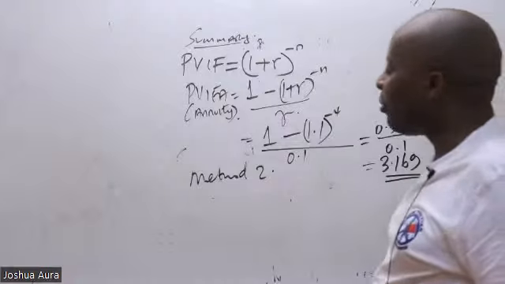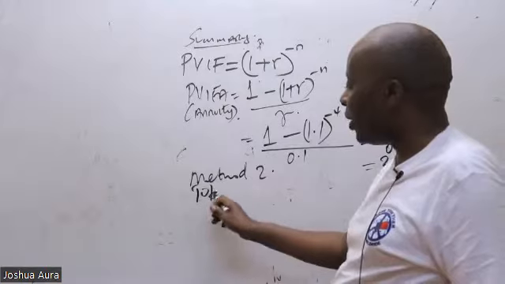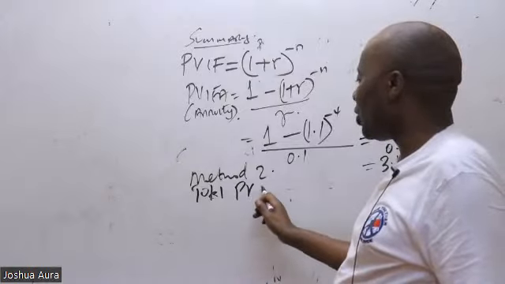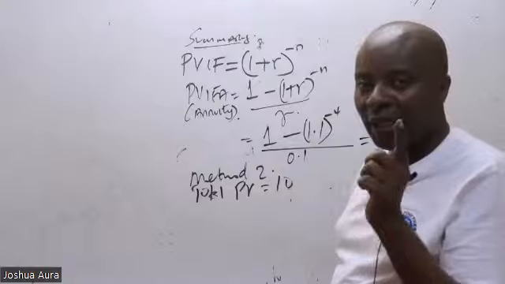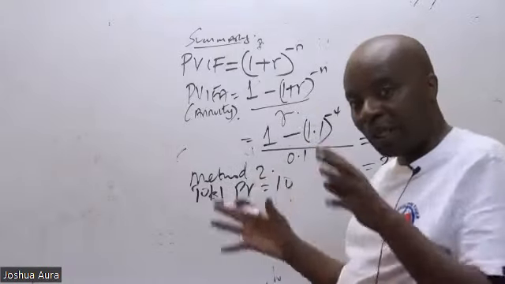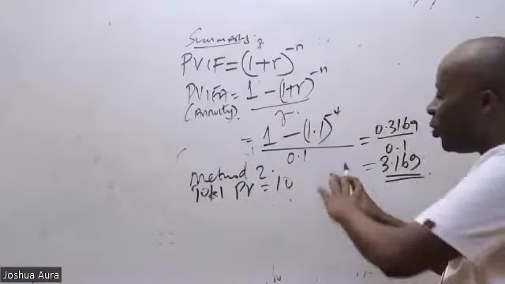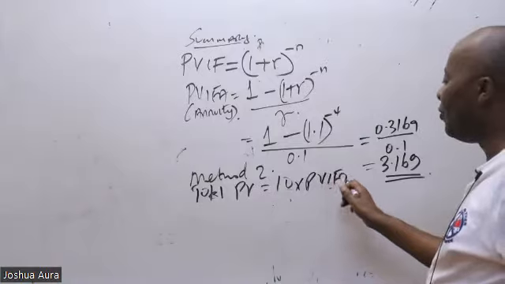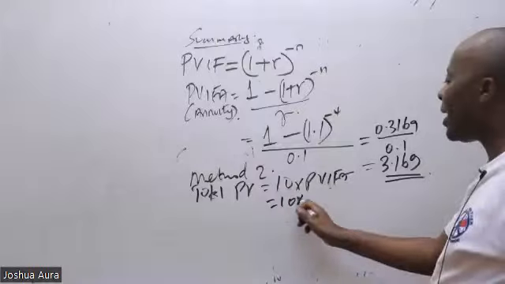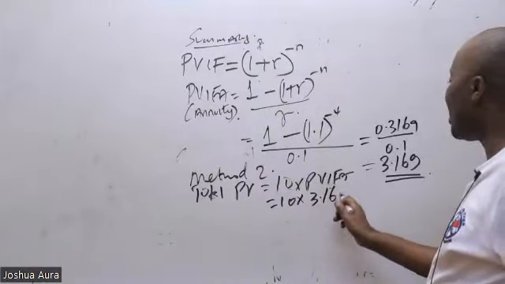And then for me to be able to get the total present value, I'll pick just 10, one of them, because here I'm using a consolidated PV formula. So I'll use 10 times PVIFA. So then we have here 10 times 3.169.